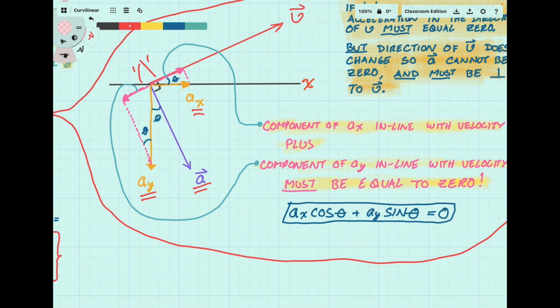Let me make the connection here that ax cosine theta is that component, and ay sine theta is that component. Since theta is known, ax and ay are the only unknowns there.